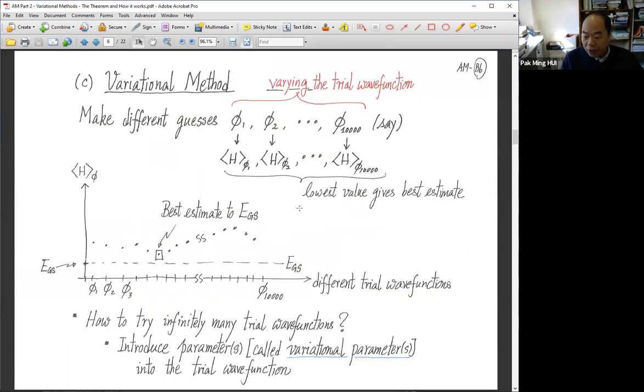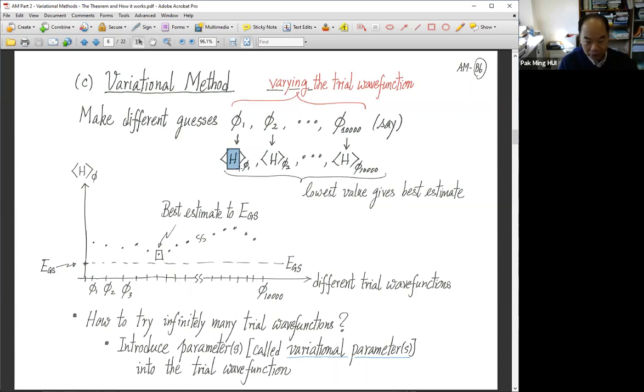So the variational method is very simple, dirty, but powerful. It relies on one theorem, meaning that you are given a problem, a Hamiltonian, and you can make a guess, your own choice of a trial wave function that you think is quite close to the ground state wave function.